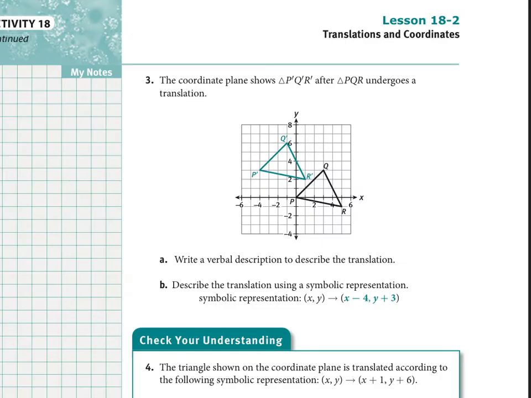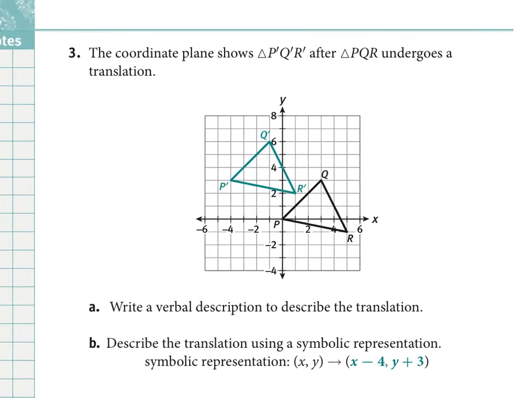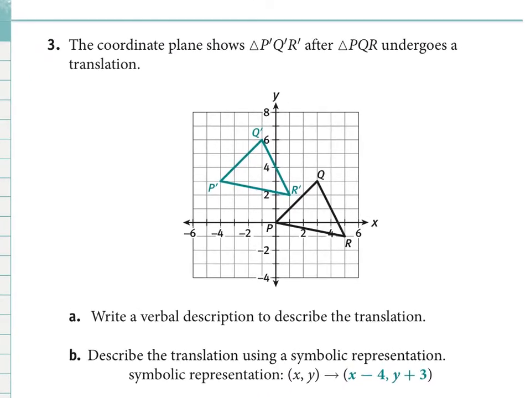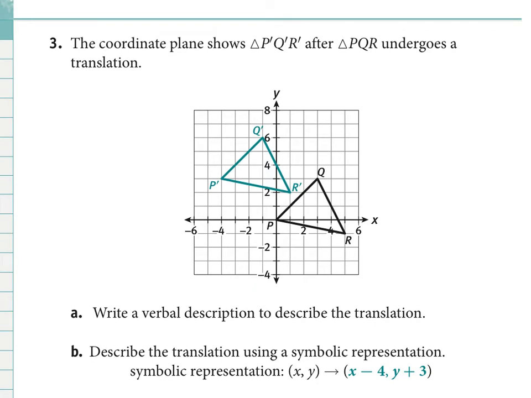All right, let's take a look at one last example here. We have a triangle PQR, and the coordinate plane here shows P prime, Q prime, R prime after triangle PQR undergoes a translation. So let's make sure we're clear on what's going on here. PQR is the original triangle right here, without the little primes.